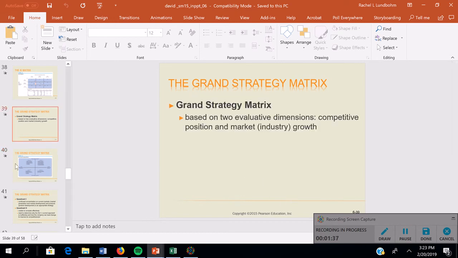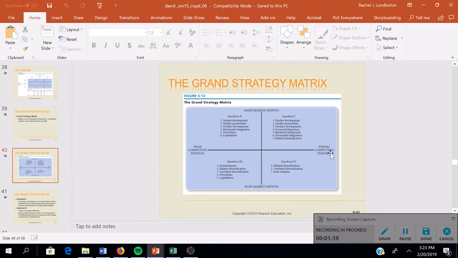They have a strong competitive position. Do they have rapid market growth or slower market growth? Well, because the actual soda industry itself is not a super fast growing market right now because of all the health trends. So they would fall into quadrant 4, which says that the company should get into related diversification, unrelated diversification, or joint ventures. And I think we've seen this by Coca-Cola.